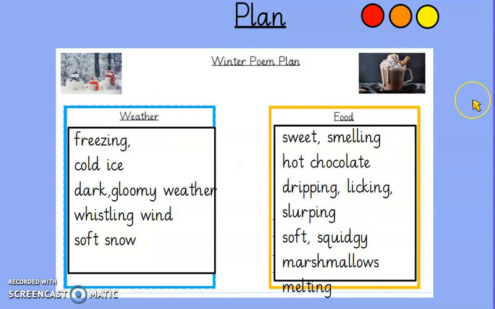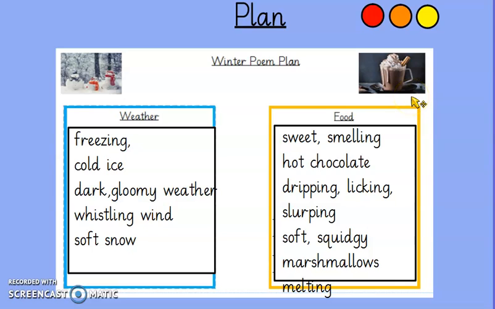So here is my waggle, because if we were at school, normally we'd work together, share your ideas, and write some ideas down. So here are my ideas. For weather, I've got freezing cold ice, dark gloomy weather, whistling wind, soft snow. For food, I wanted to describe the hot chocolate in my top picture, which looks really yummy.